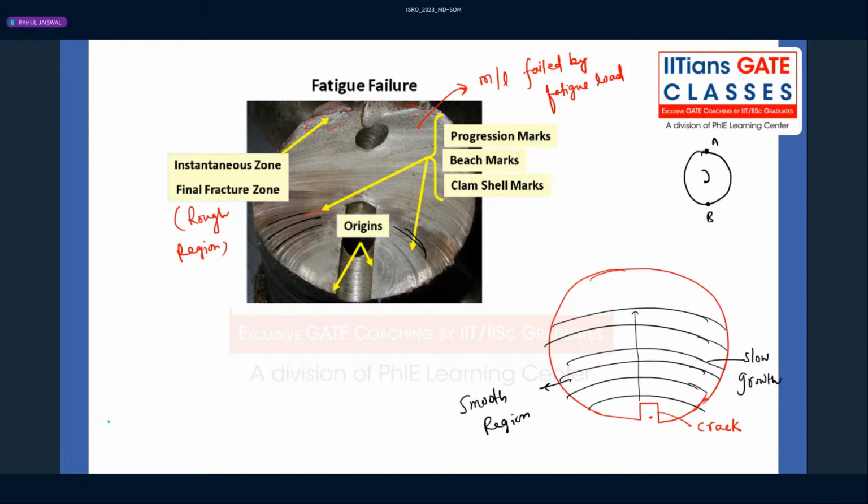Again, I'm not saying to get full marks in ISRO, but I'm saying you try to get interest in fatigue failure, because from 2015 onwards, in the previous year questions we are discussing on machine design, most of the questions are on bearing or fatigue failure. Even bearing failures are because of fatigue failures.